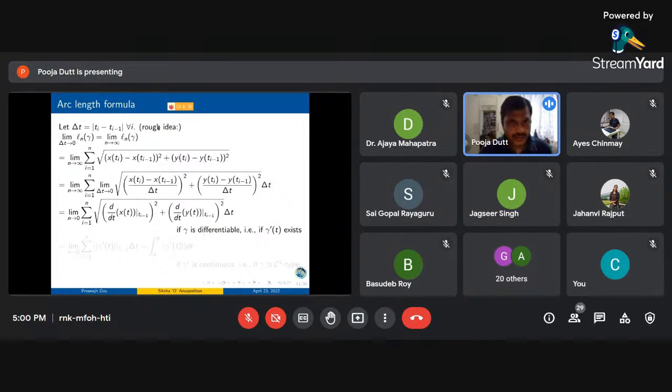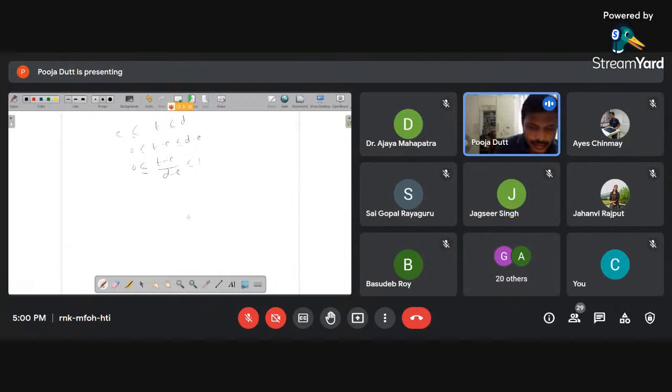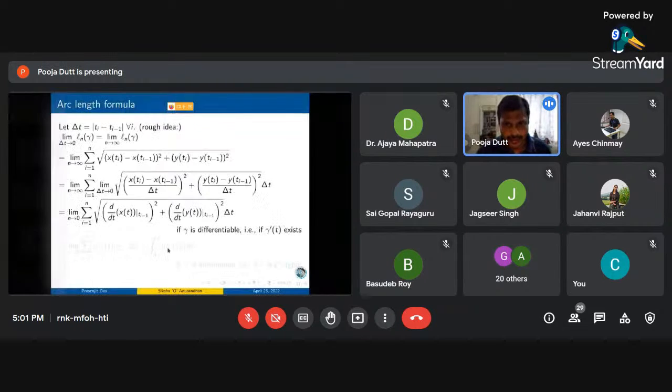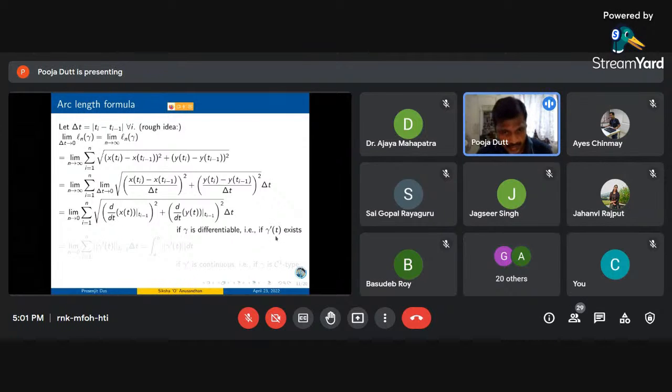So gamma t is your xt, yt, and gamma prime t, or d/dt of gamma, would be d/dt of xt, d/dt of yt. This we can write provided gamma is differentiable, which means each of the components is differentiable. That means gamma prime t exists.